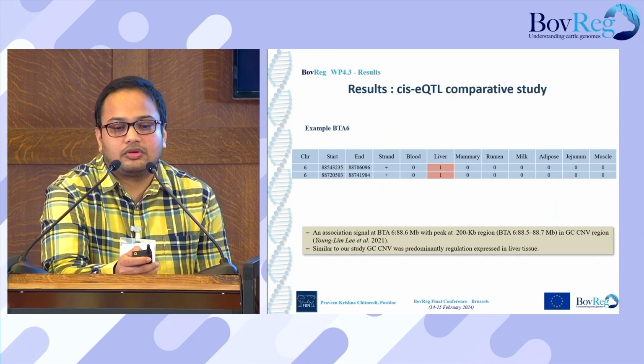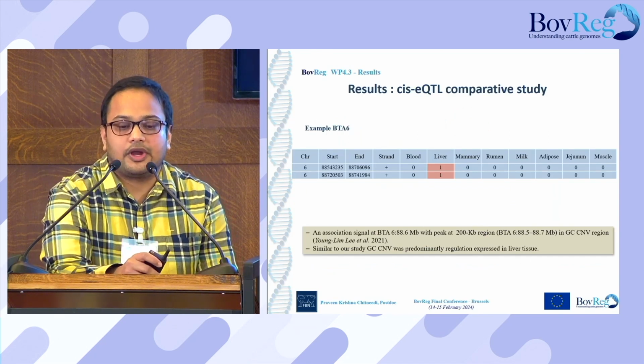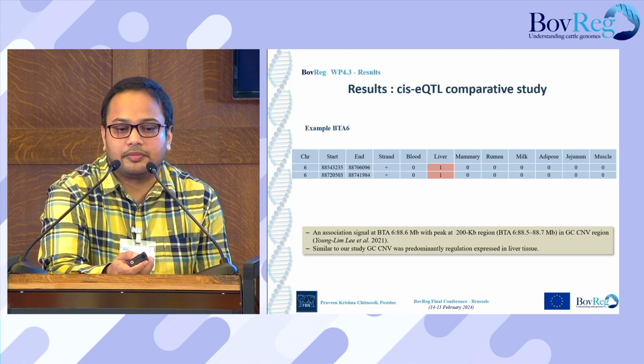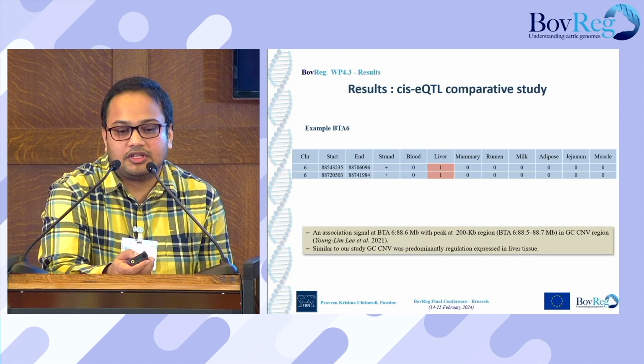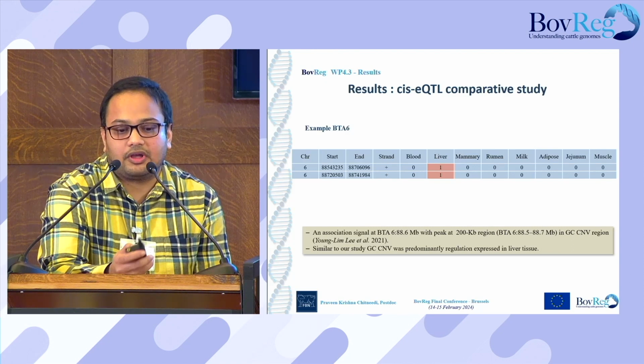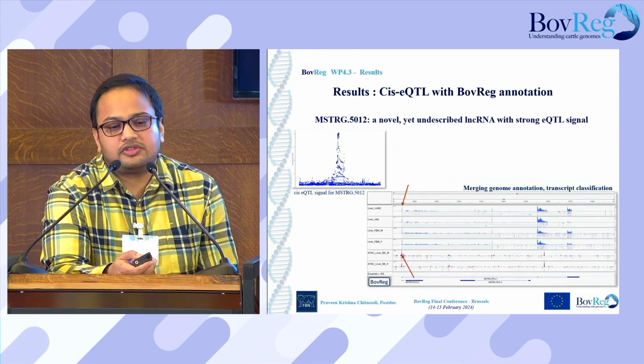We also performed some comparative studies to check whether our results have some meaning. We found some hits in the GC and CNV region, which was predominantly expressed in liver tissue in one eQTL analysis paper.